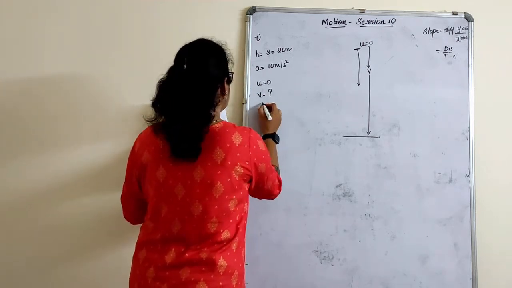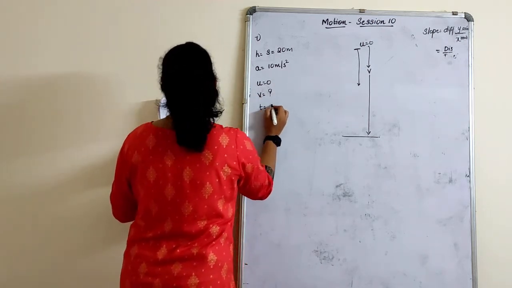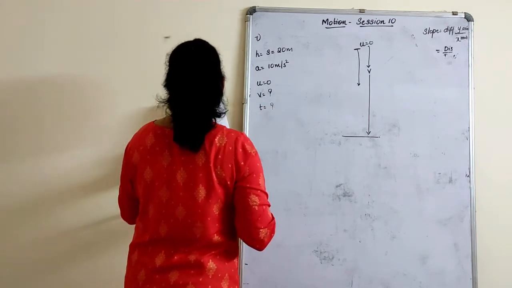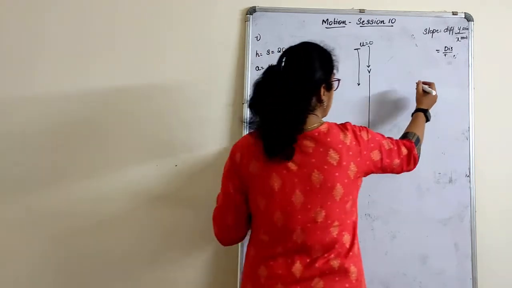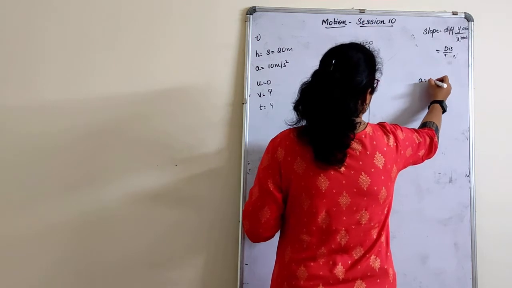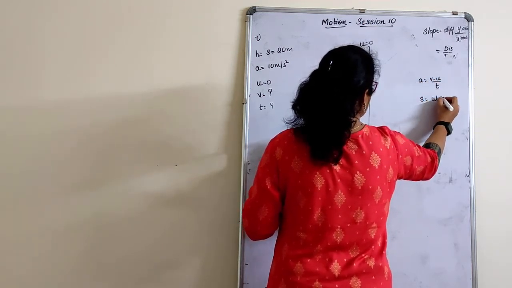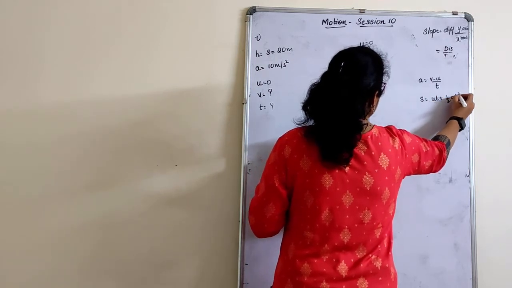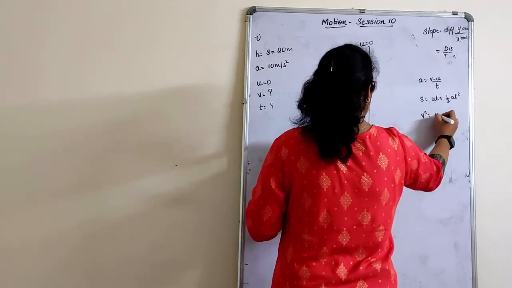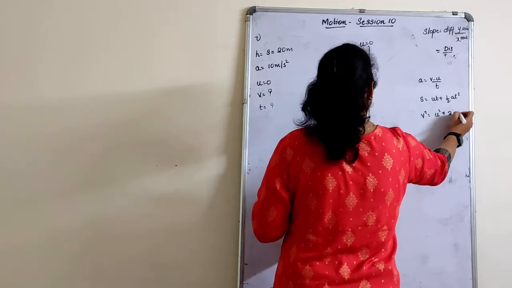After what time will it strike the ground? T is equal to also question mark, right? Let's write the formulas. What all do we know? A is equal to V minus U by T. S is equal to UT plus half AT square. V square is equal to U square plus 2AS.